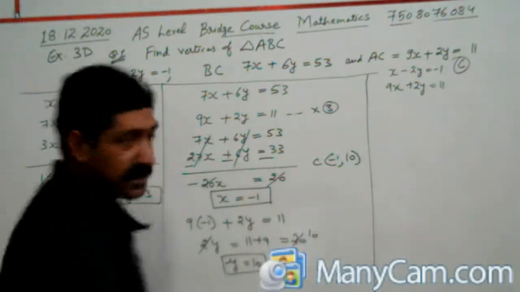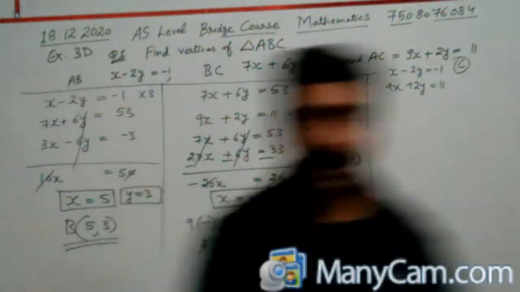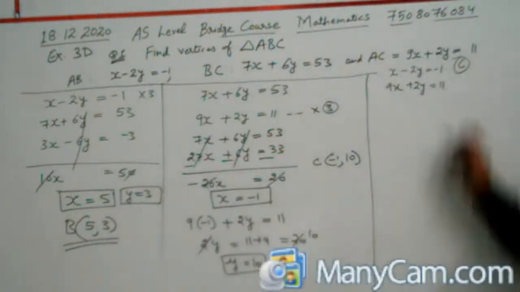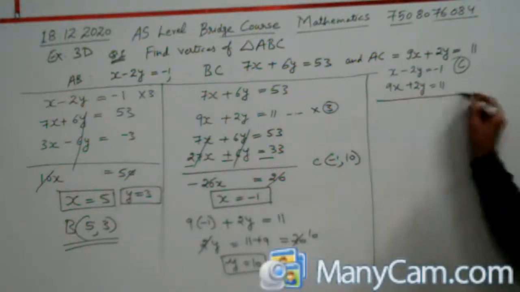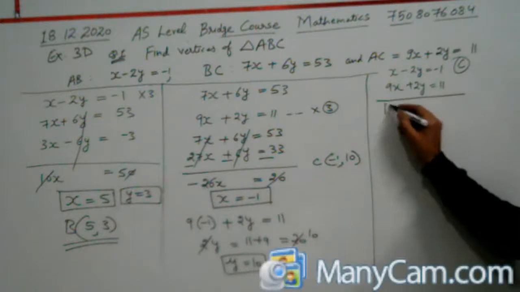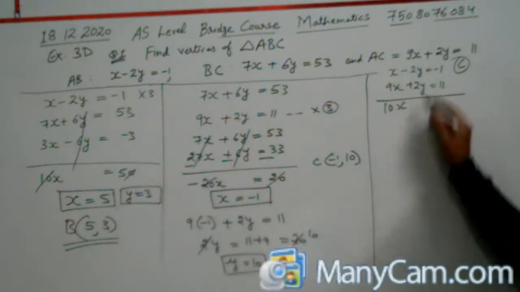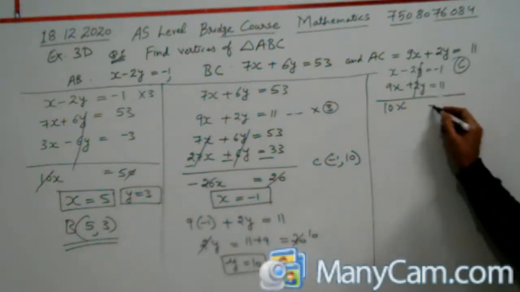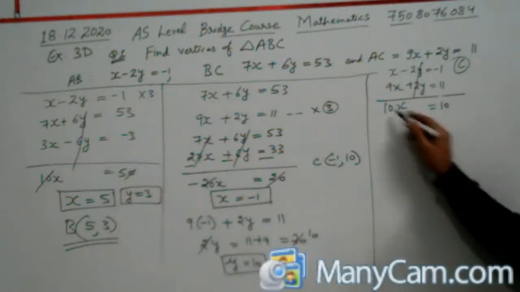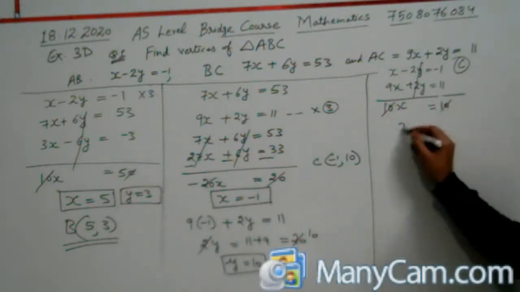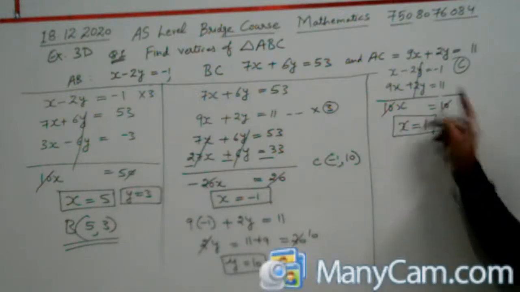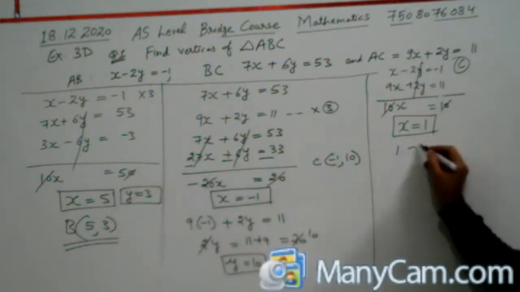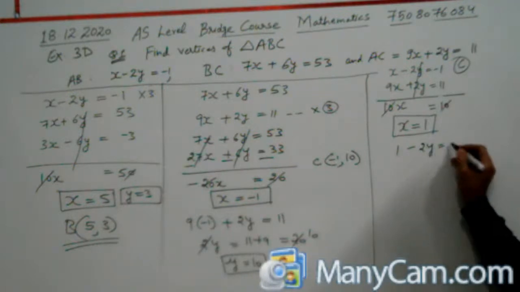Now the last, in the same way, the last equation, these two equations, 2y and 2y, simply we will add and subtract. When we add this, 10x, here 2y gets cancelled and we have here 10. So 10 with 10 cancels, the value of x is 1, and substituting the value, 1 minus 2y is equal to minus 1.